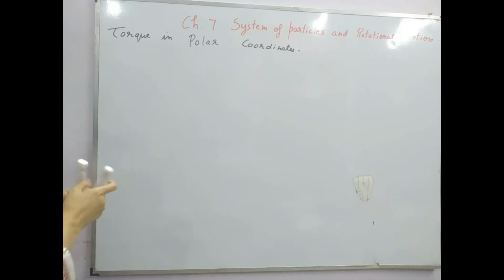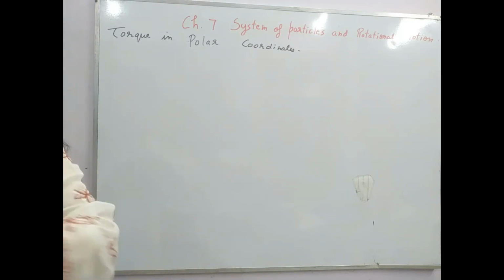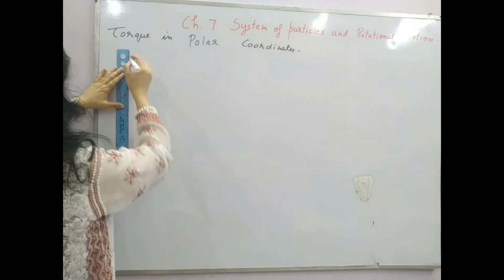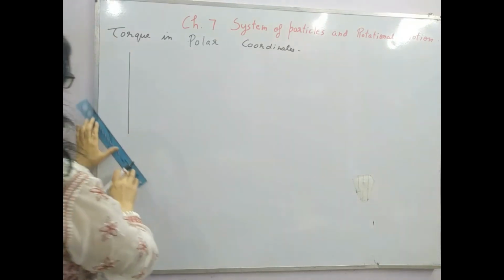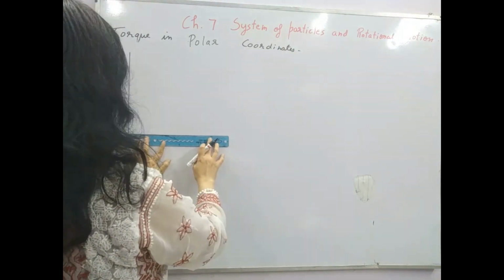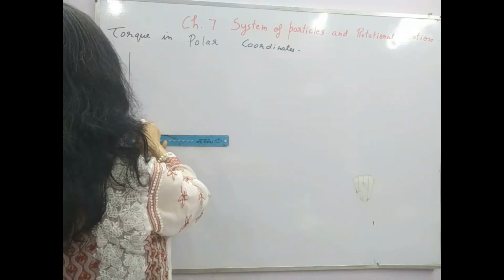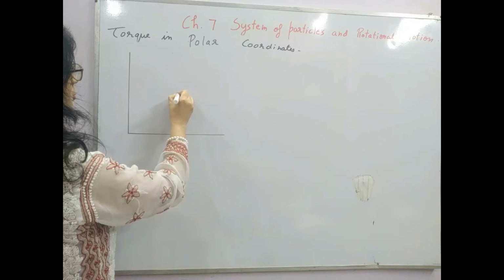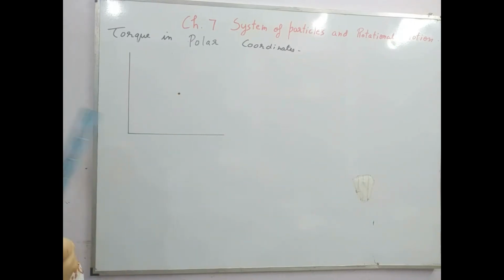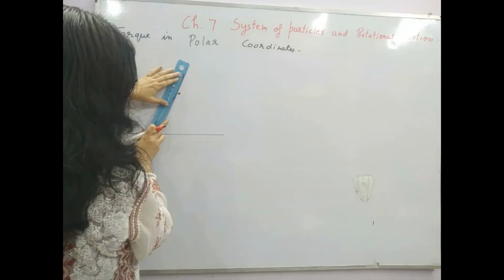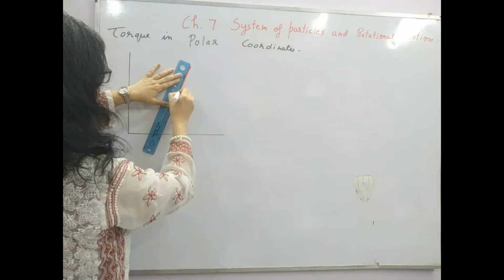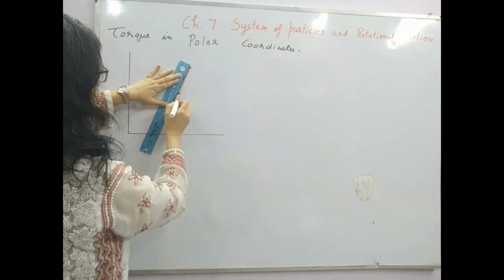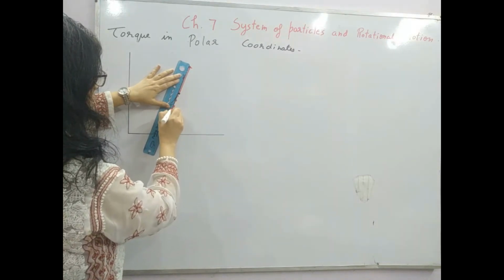For polar coordinates, again we'll have to draw a diagram. This is x and y. The point of application of the force is this. So where a force is applied, suppose this way, I'll have to make a construction also, so I'm doing it all together. I'm just extending it backwards.